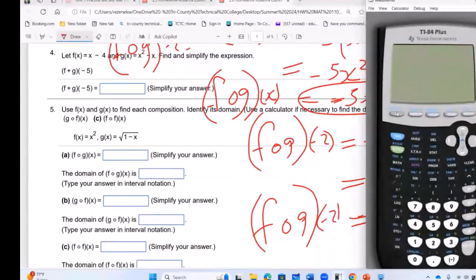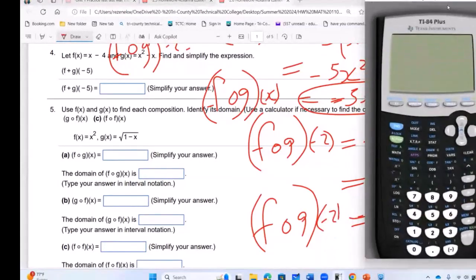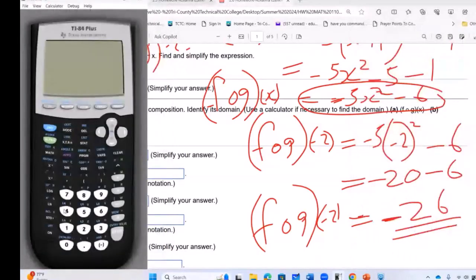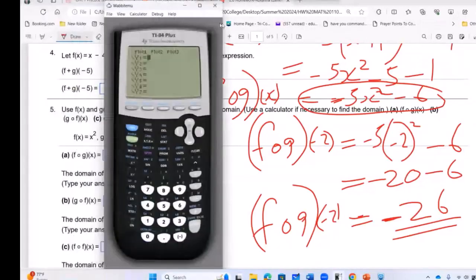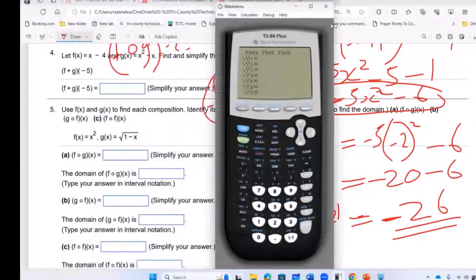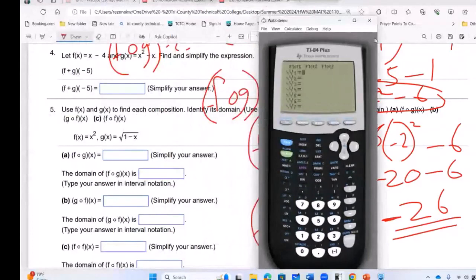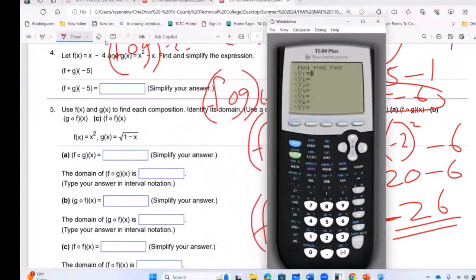Turn my calculator on, and go to y equals and clear my y1. And I'll put f of x in y1. So my f of x in number 4.